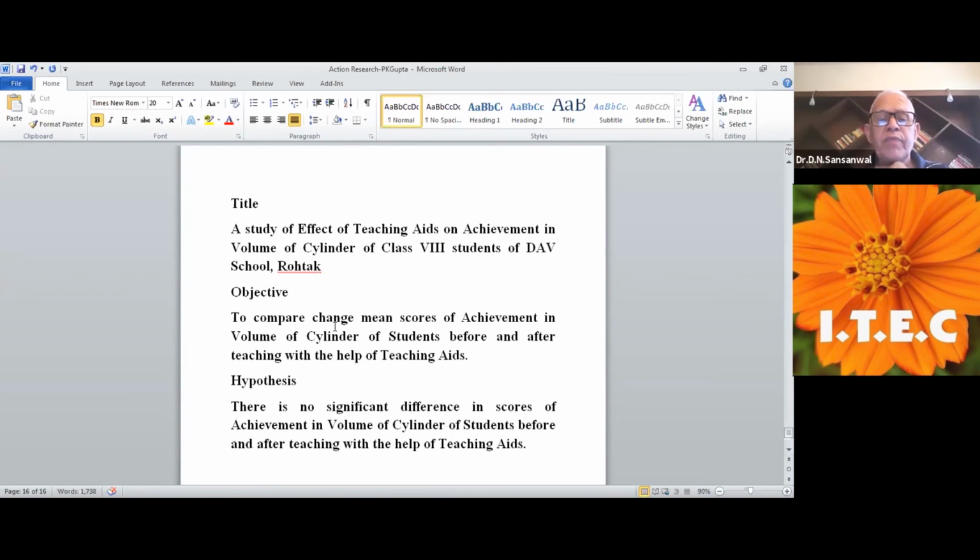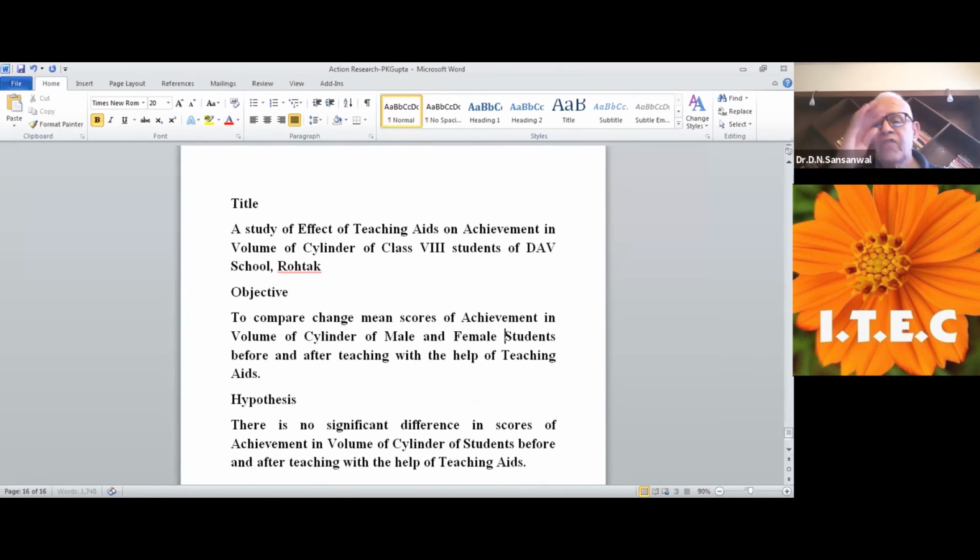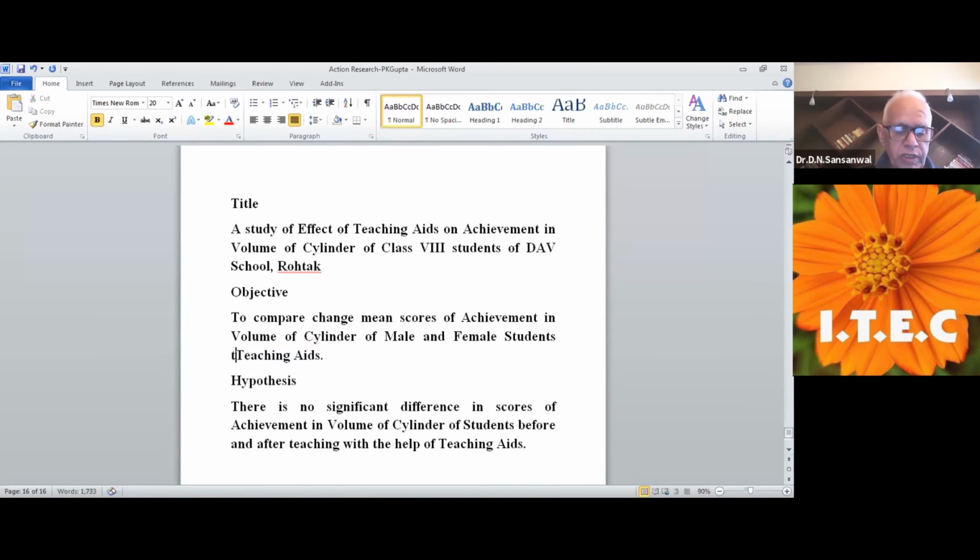To compare change mean scores of achievement in volume of cylinders of male and female students taught with the help of teaching aid. This will be my objective.